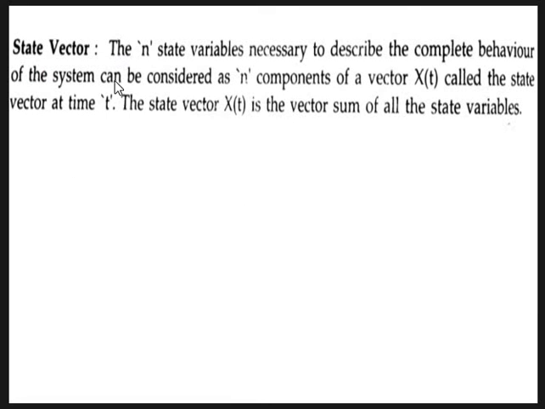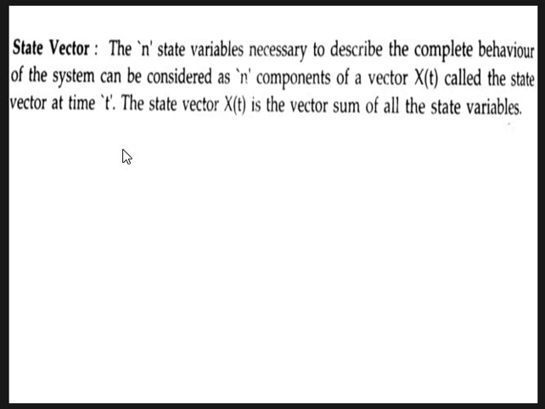The next requirement is the state vector. The n state variables necessary to describe the complete behavior of the system can be considered as the n components of the vector x of t, called the state vector at a time t. The state vector x of t is the vector of all the state variables.